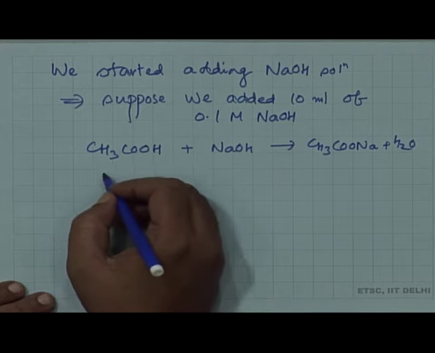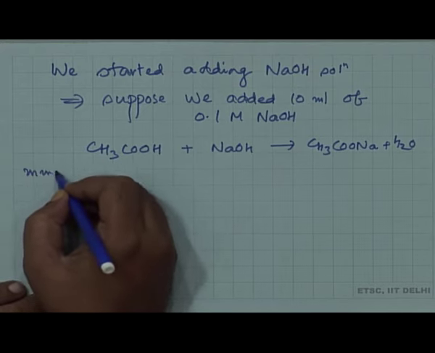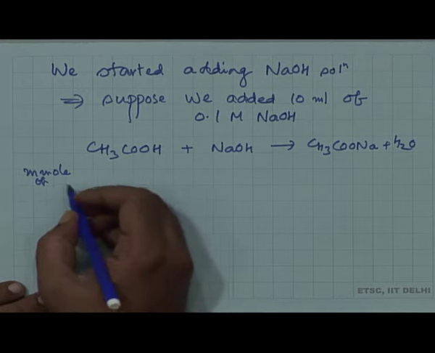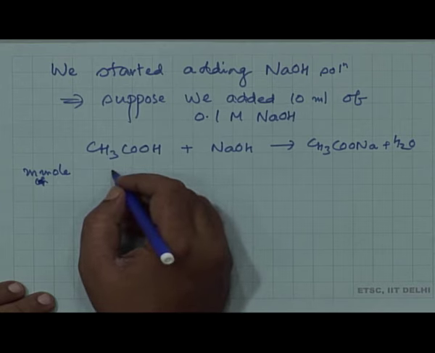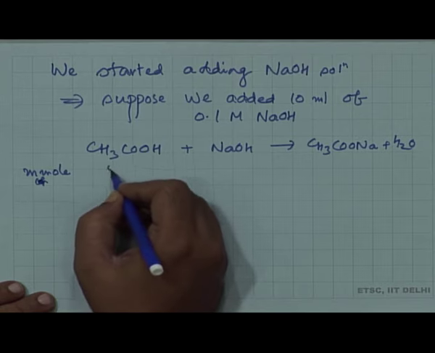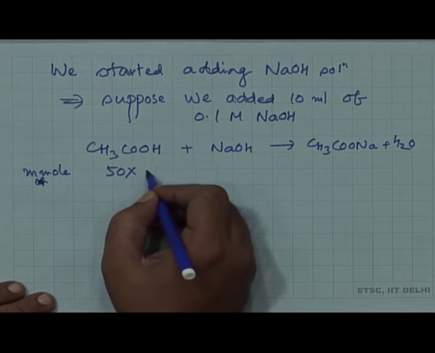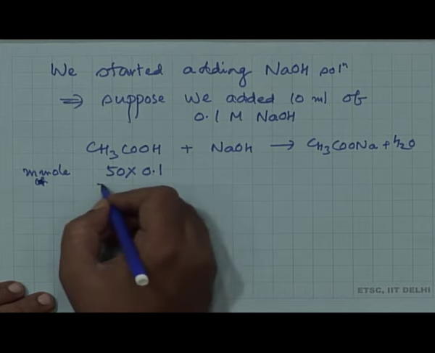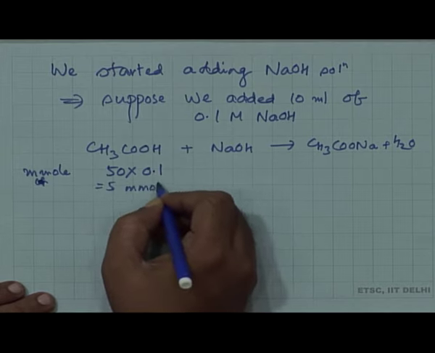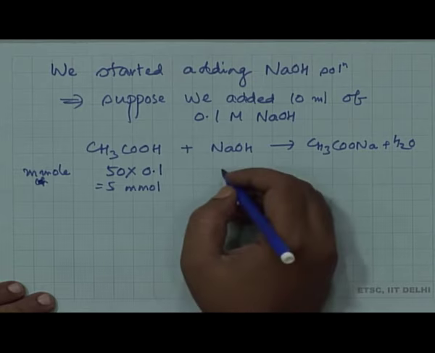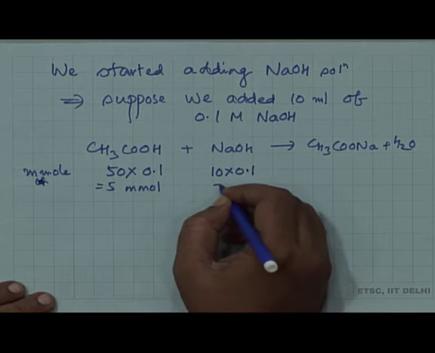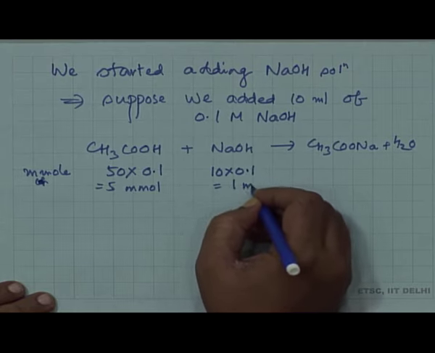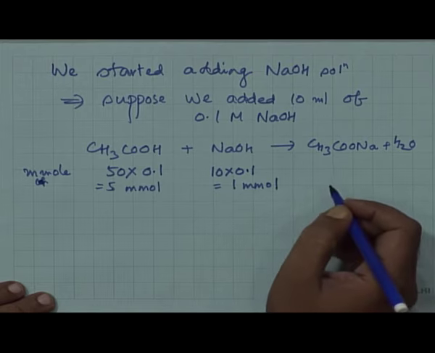If we just look at the initial millimoles of the reactant and product, we started with 50 ml into 0.1 molar, so 5 millimole of acetic acid, and we added 10 into 0.1, that is 1 millimole of NaOH.